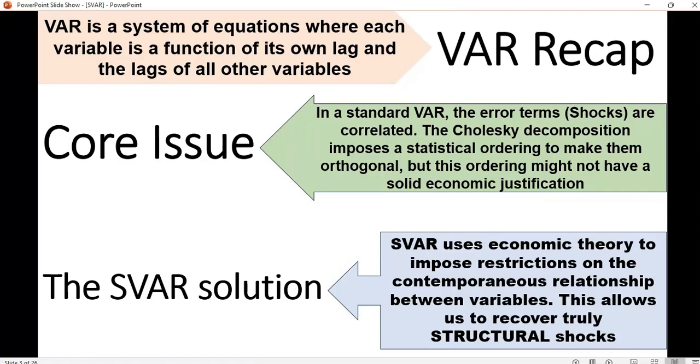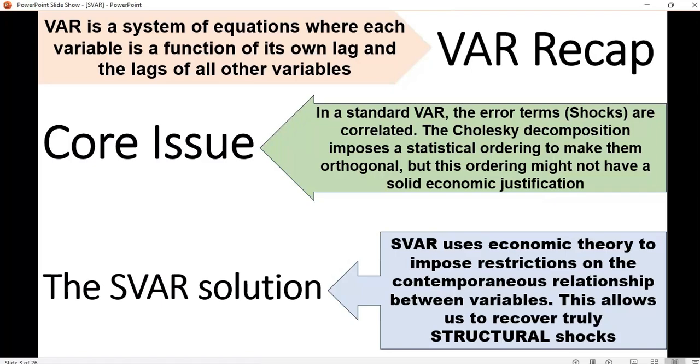The Cholesky decomposition imposes a statistical ordering to make them orthogonal, but this ordering might not have a solid economic justification. What is the solution? The solution is to have a structural vector autoregression, the SVAR. The SVAR uses economic theory to impose restrictions on the contemporaneous relationship between variables. This allows us to recover truly structural shocks.